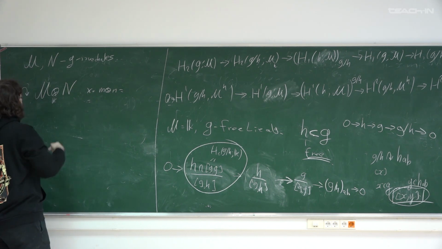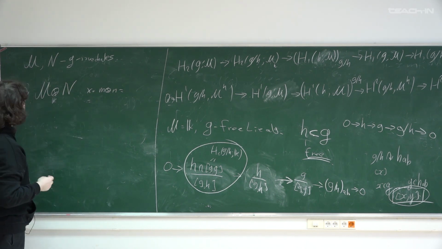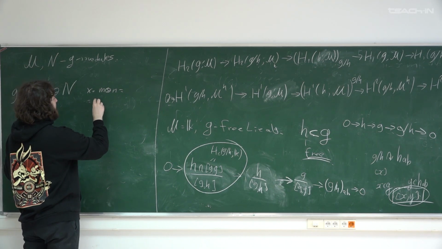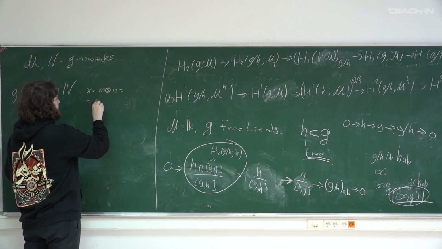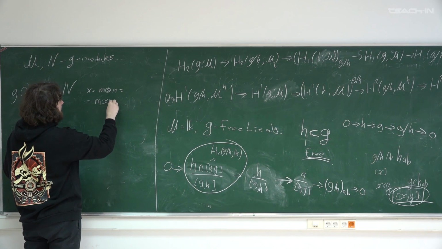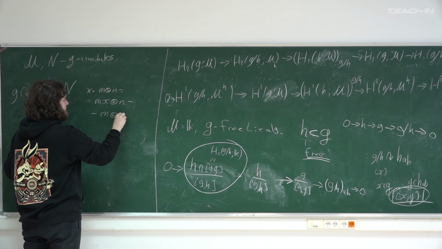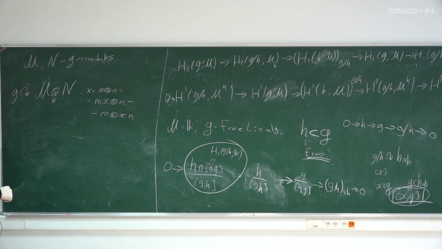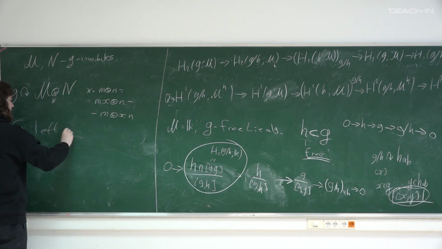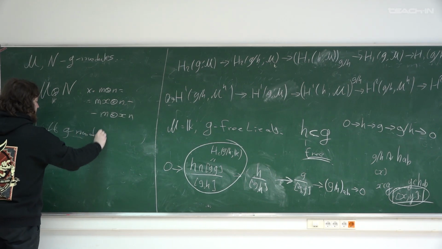If M is a right G module and N is a left G module, then this is the action. One can check, as an exercise, that this is a left G module structure on the tensor product.